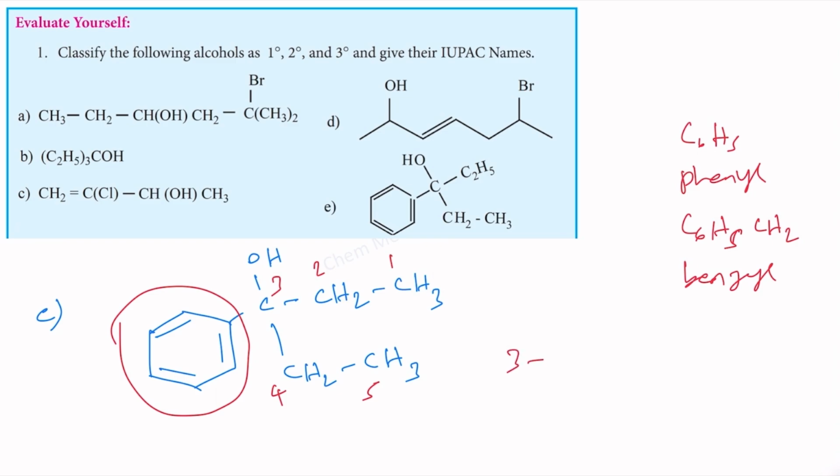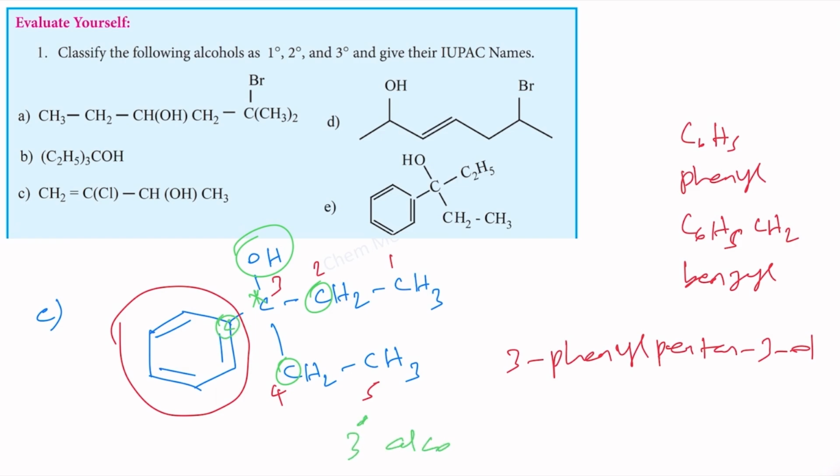Therefore, it is 3-phenylpentan-3-ol. That is the correct IUPAC name for this structure. How about the type? The carbon atom bearing the OH functional group is directly connected to 3 other carbon atoms. Therefore, this is a tertiary alcohol.